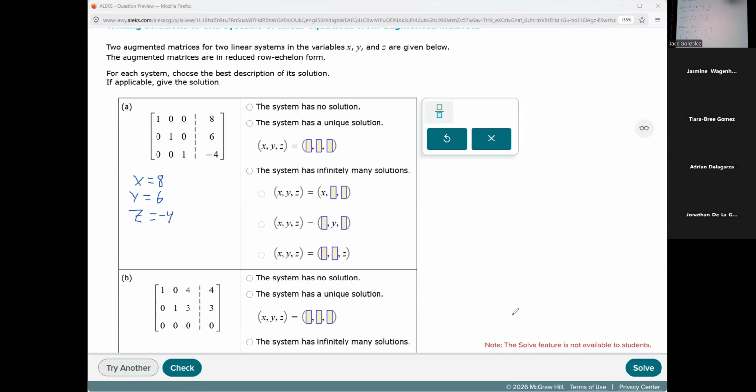That's where this answer comes from. Is part A clear?